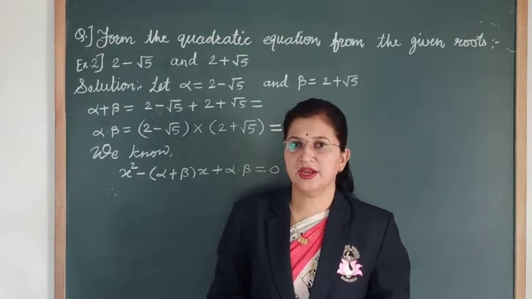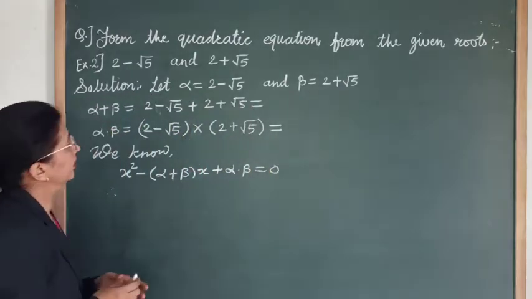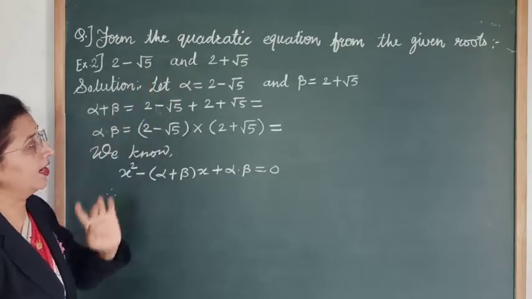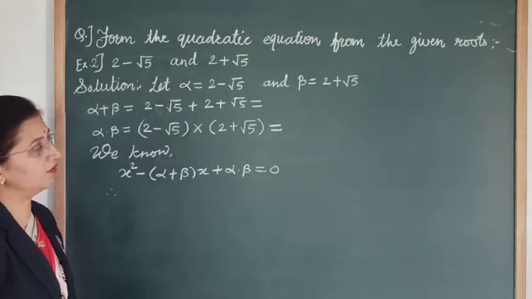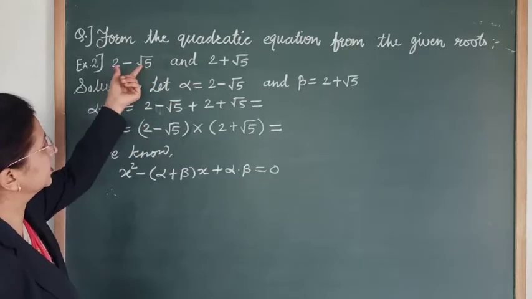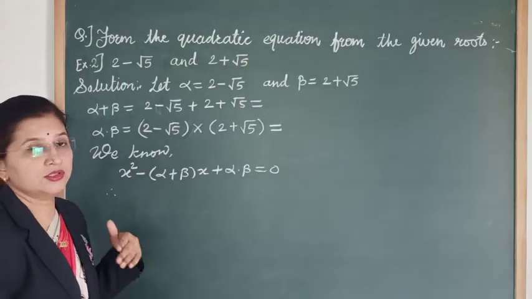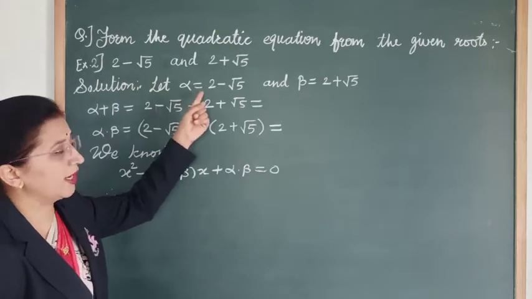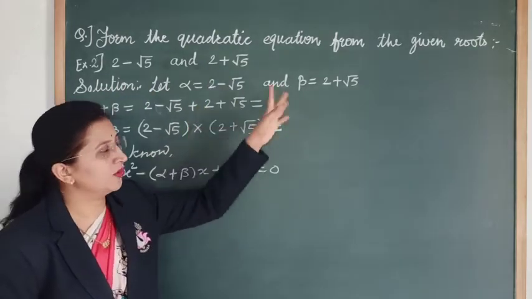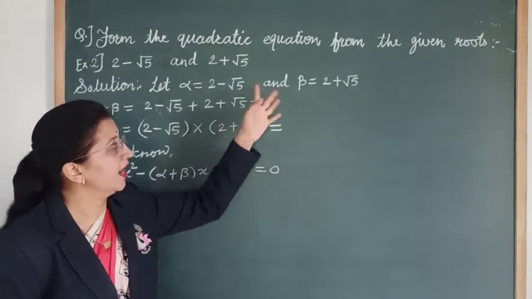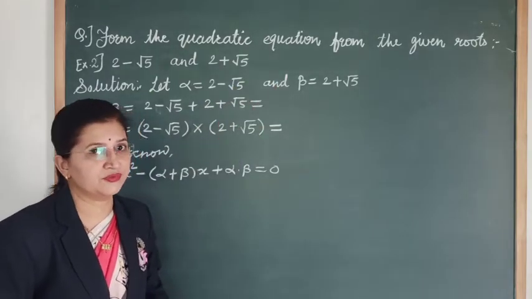Dear students, now we have another example. The roots are 2 minus root 5 and 2 plus root 5. Okay, now we are given the roots in the form of surd. Okay, so let's form the quadratic equation. So here also we consider the first root as alpha and second root as beta. Okay, so alpha is equal to 2 minus root 5 and beta is equal to 2 plus root 5.